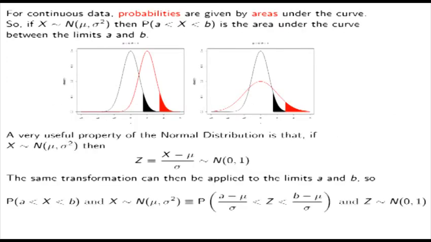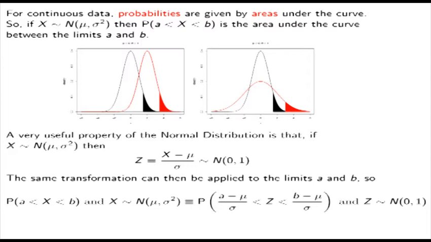And if we do that, then if we want to work out an area for a general x, so if x has a general mean and standard deviation, then the probability of lying between two values a and b, we simply apply the same transformation to the endpoints. So all we've done from this equation is subtract the mean and divide by the standard deviation over all 3 components.